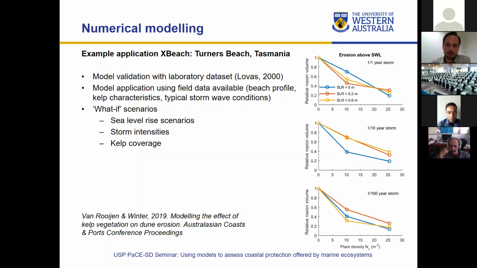But between the sea level rise scenarios, it's not like it differs per scenario. Even, for example, in the top plot in a 1-in-1-year storm with the densest kelp, it shows that the sea level rise of 0 has most erosion, basically. Which is a bit counterintuitive, because if the water level is 80 centimeters higher, I would expect there to be more erosion. Yes.